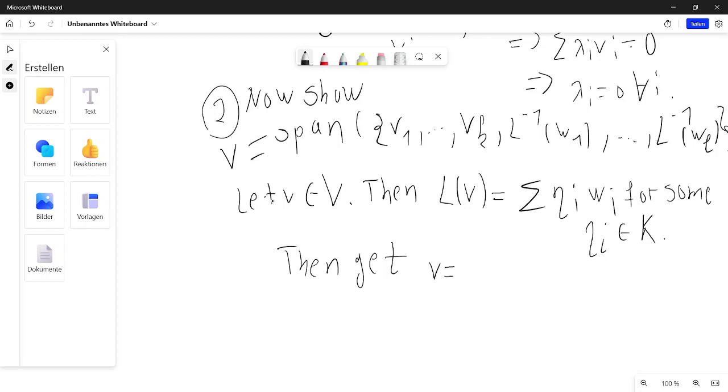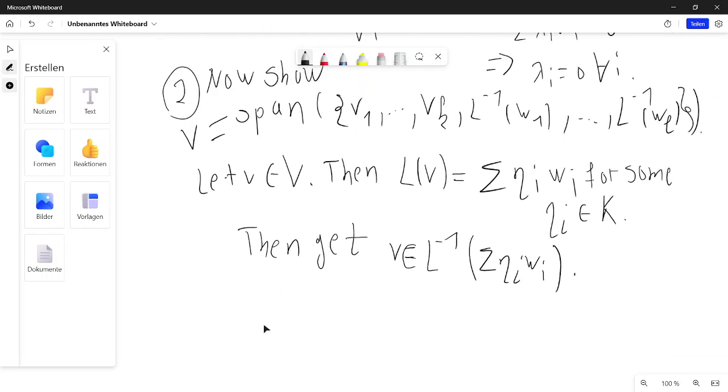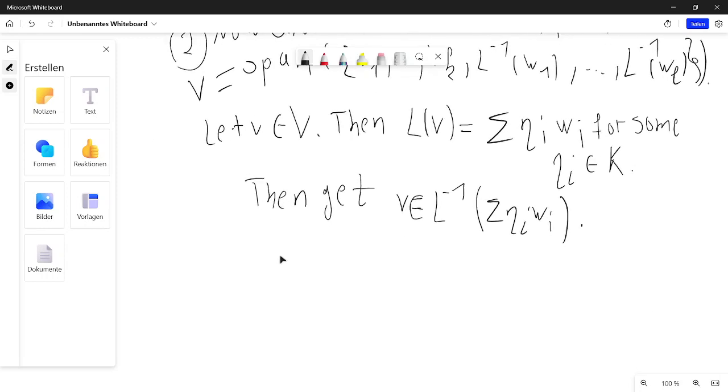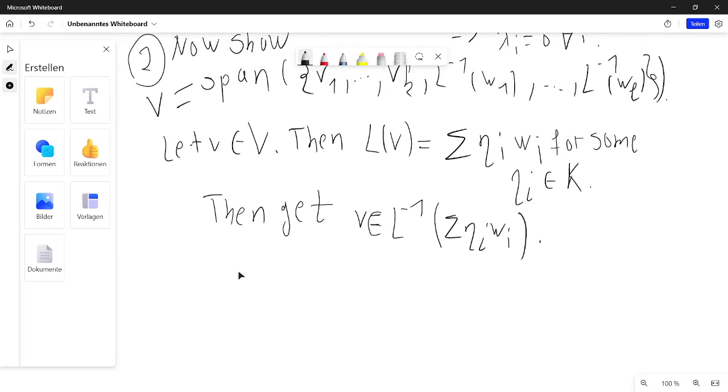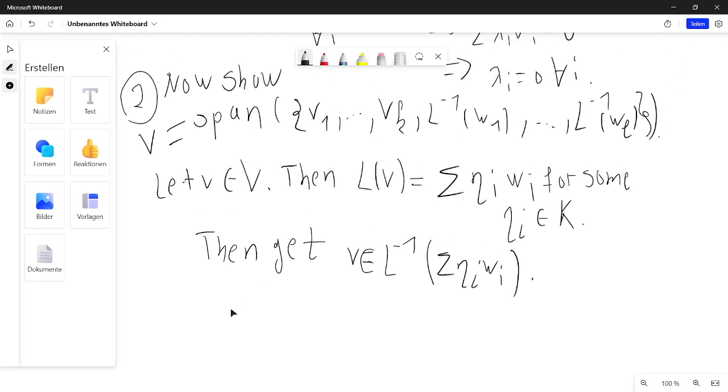So we get v is an element of a preimage of that vector.